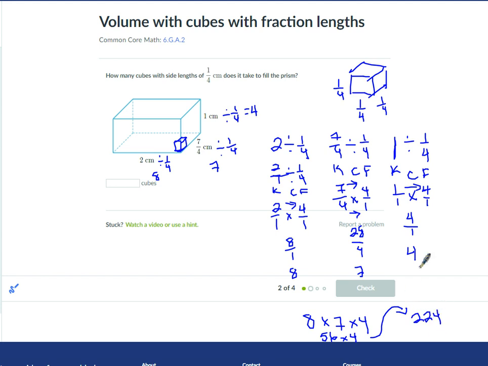So altogether, 224 of these 1/4 centimeter cubes could fit in this prism to fill it up.